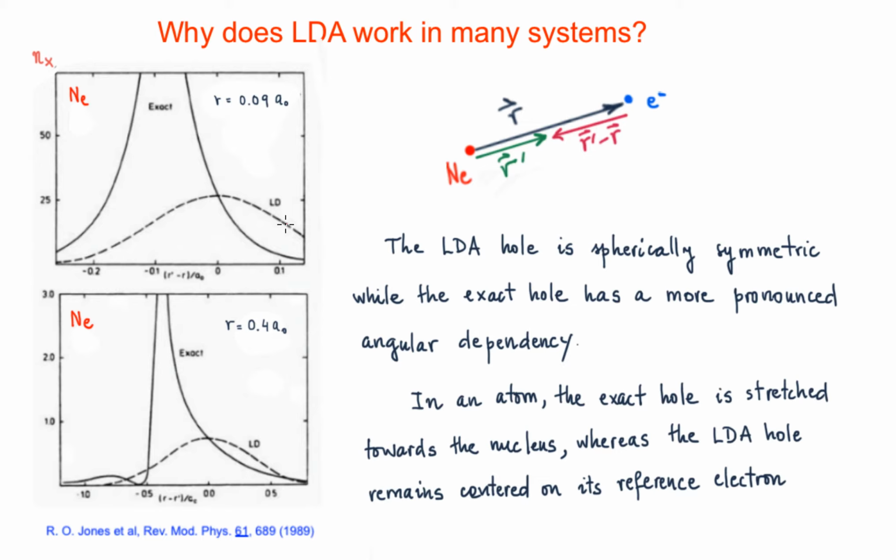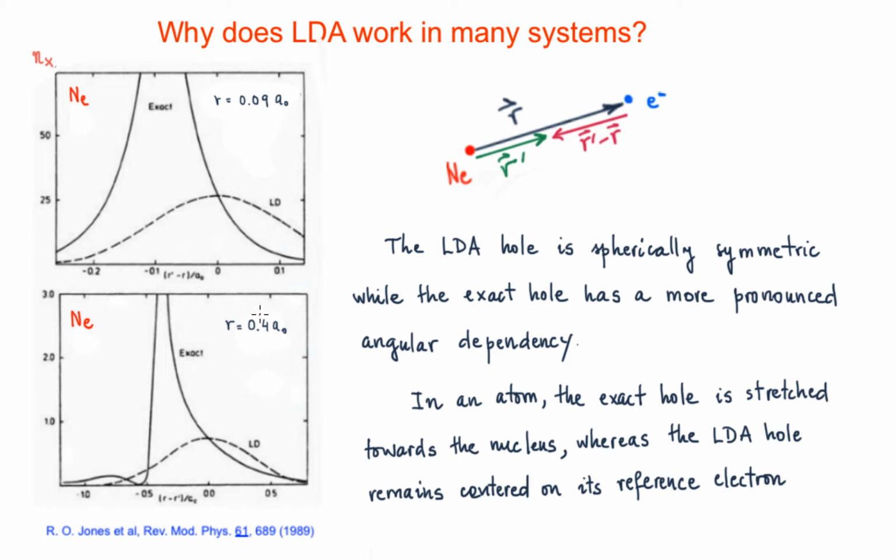The first thing you can see here is they are extremely different. They are very different, both in the value they have and in the shape that they have. They are very different for both cases, for position vectors of the electrons getting close to the nucleus and those getting farther. Okay, they are very different.